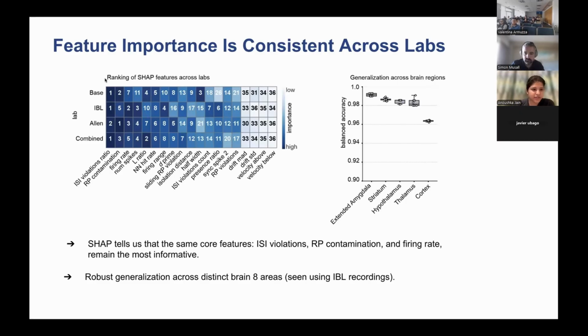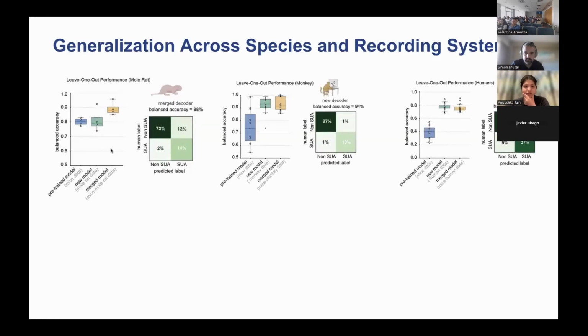It's similar to what I told you, and here we can see it in a format which is easy to understand: for all 3 labs, and if we combine all 3 together, there are a few metrics which are really important for all the data sets in the mouse model.